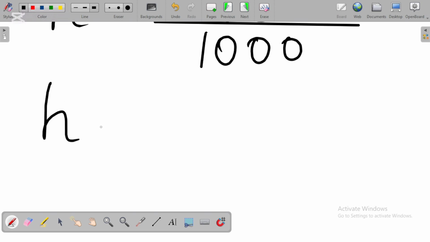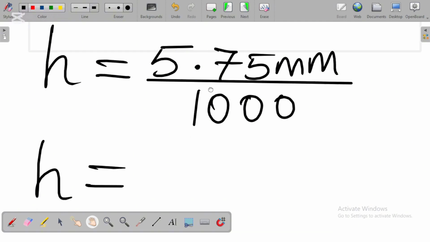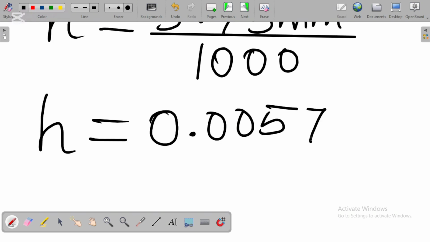So kindly punch your calculator. If you divide 5.75 millimeter by 1000, it will give you 0.00575 meter.